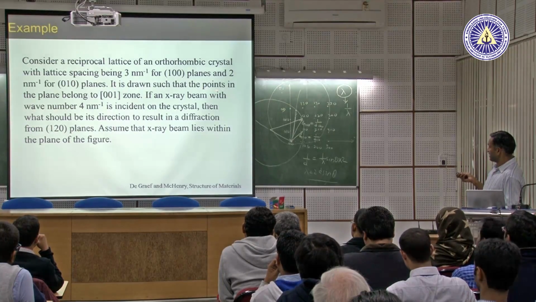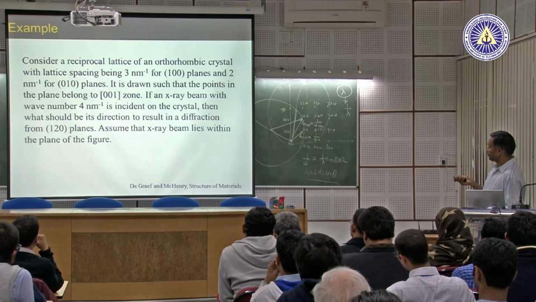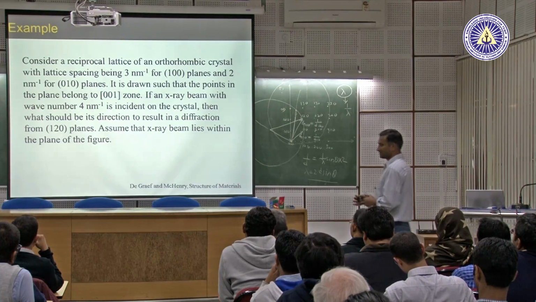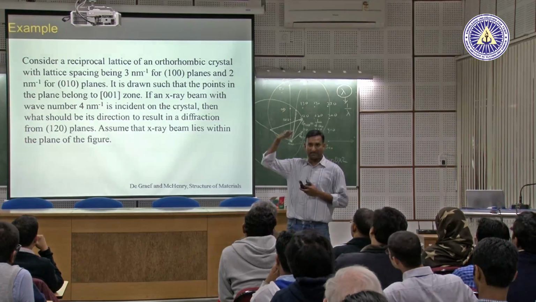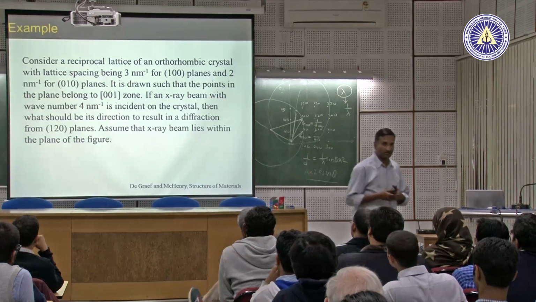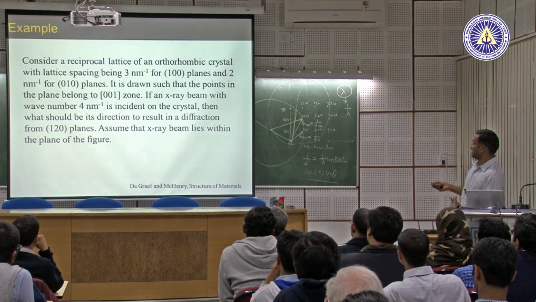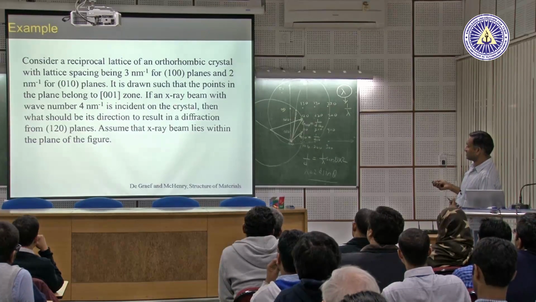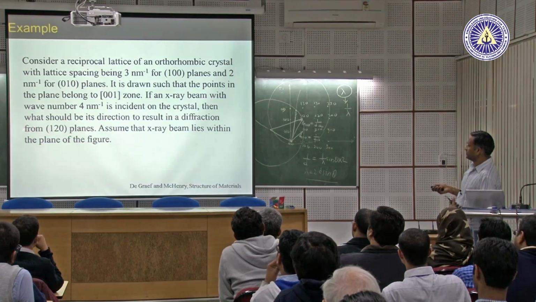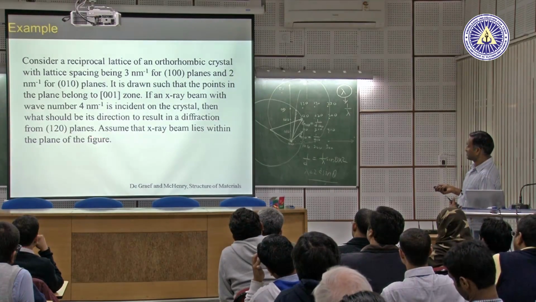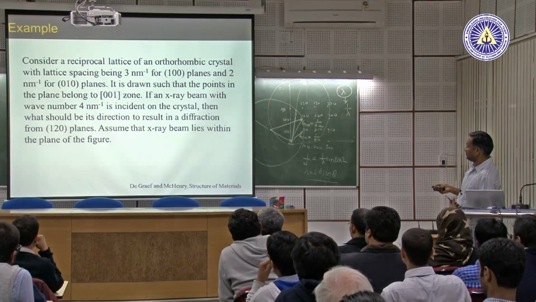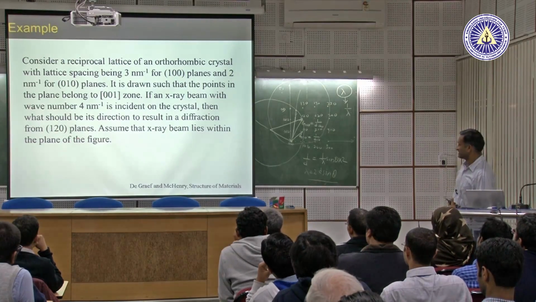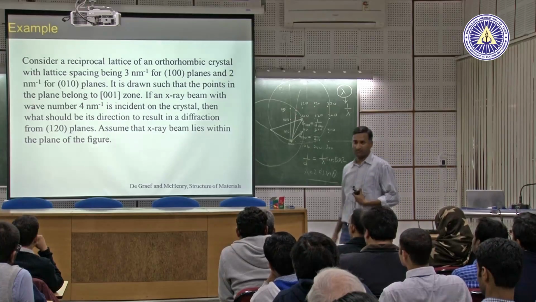It is drawn in such a fashion that the points in the plane belong to the 001 zone, so the 001 vector is pointing out of the board. If an X-ray beam with wave number 4 nanometer inverse is incident on the crystal, what should be its direction to result in diffraction from 120 type of planes, assuming that the X-ray beam lies within the plane of the figure?